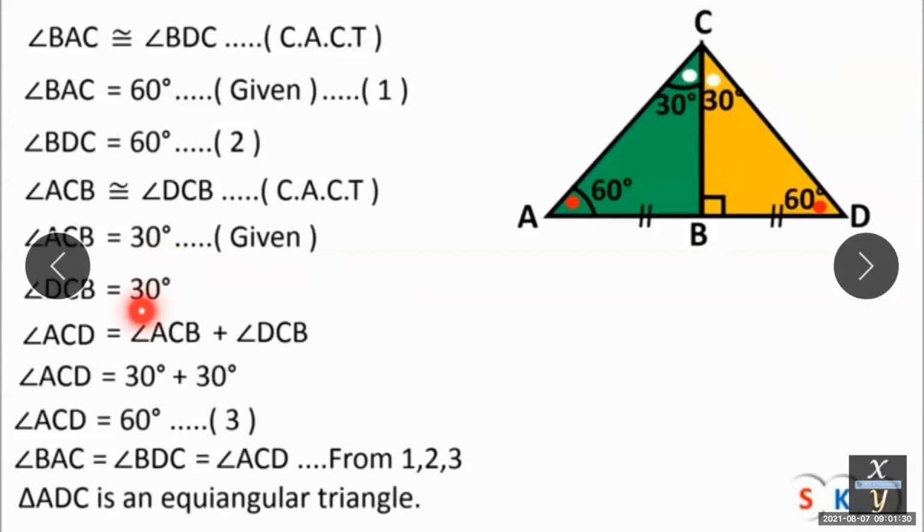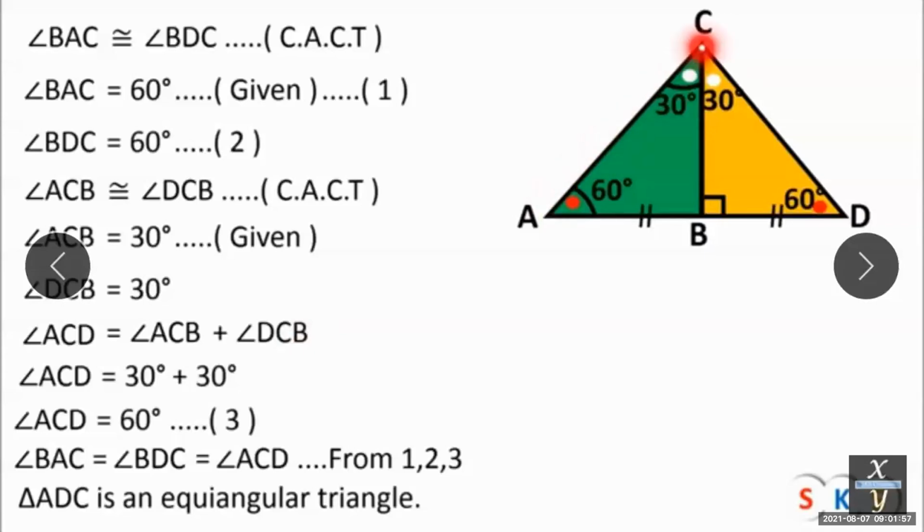Okay. Now, what do we have to do? We have to add both the angles, 30 plus 30. So the label of both the angles, that is angle ACB plus angle DCB.